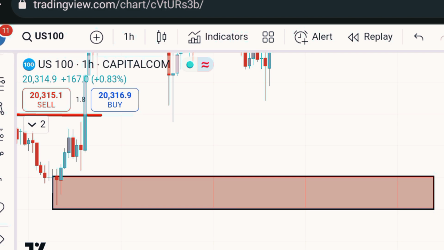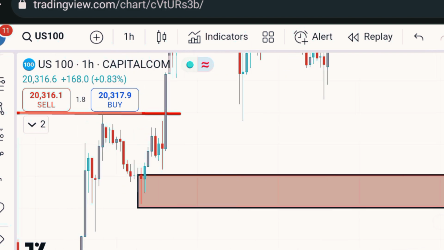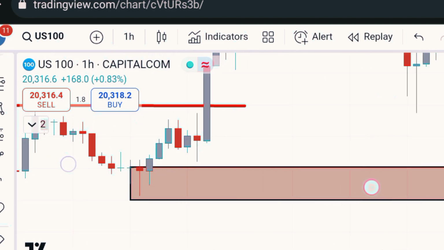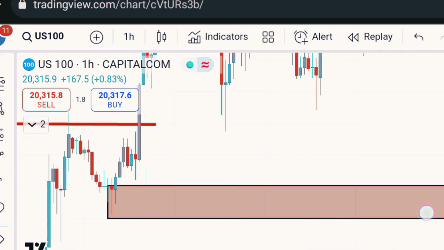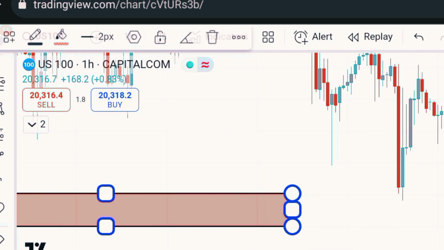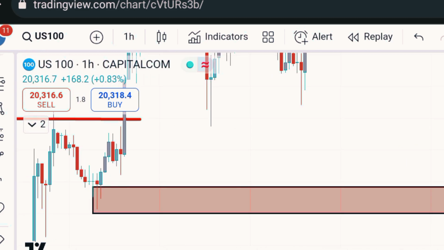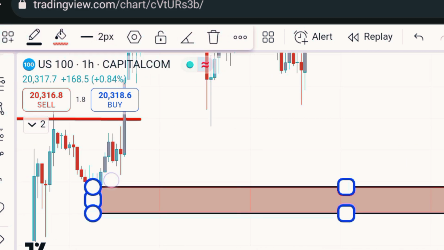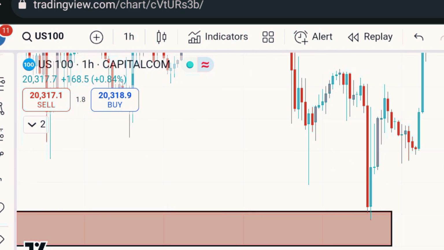The last bearish candle before the up move is on that zone. You can see that is the last candle before the move to the upside. So we mark that out and we stretch it forward to make sure that the market comes into it.